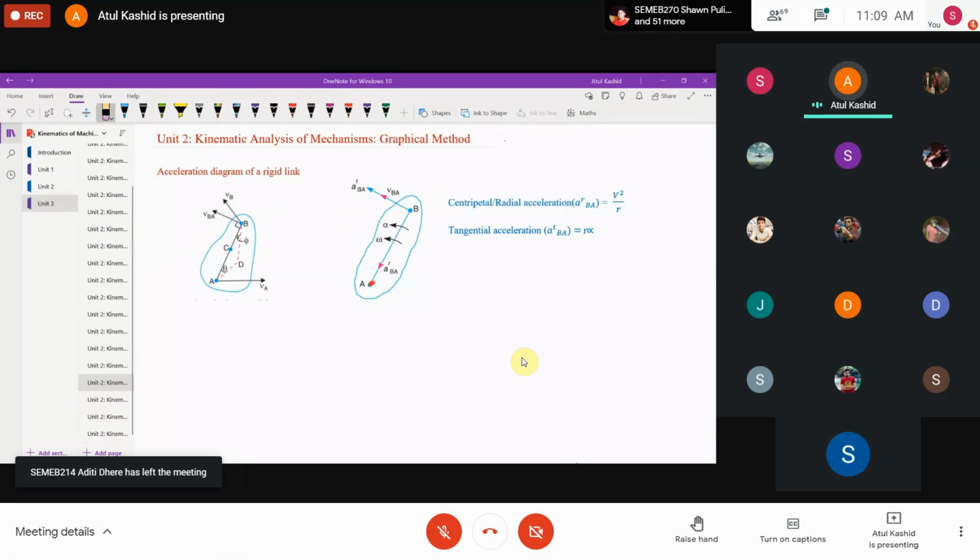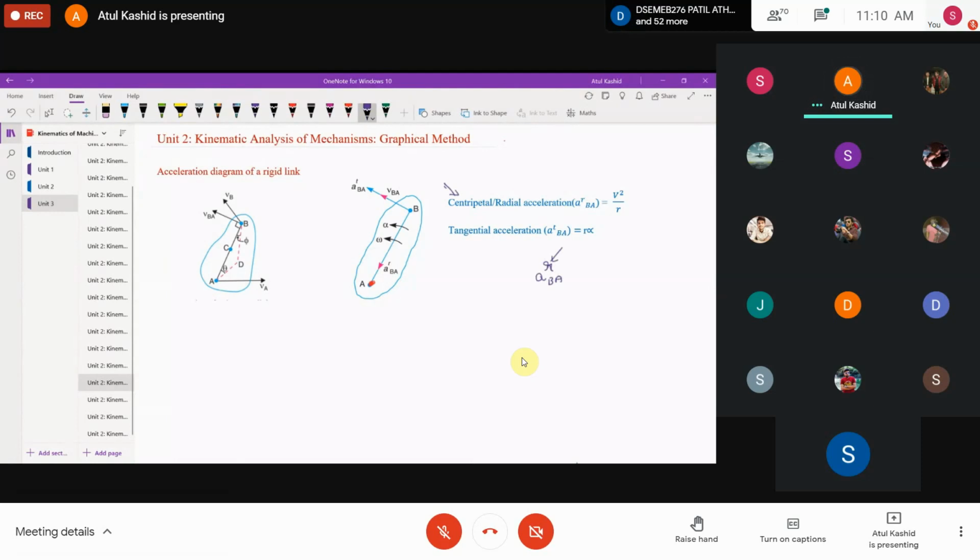But before starting with this acceleration diagram, we'll go through the terms which we had discussed in the previous lectures. As I told you, whenever there is a change in the magnitude and the direction of the velocity at a particular instant, there will be two components of acceleration associated with it. The first component is the centripetal, or radial acceleration, denoted by a^r.